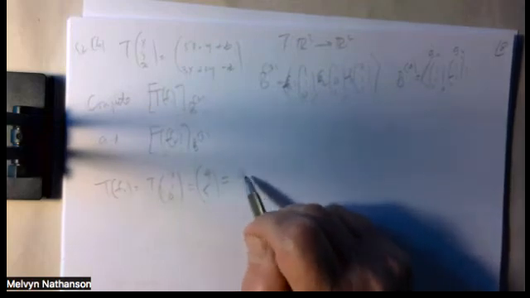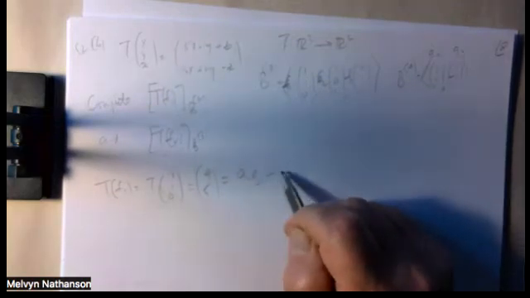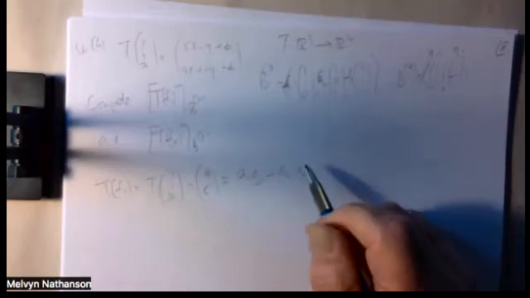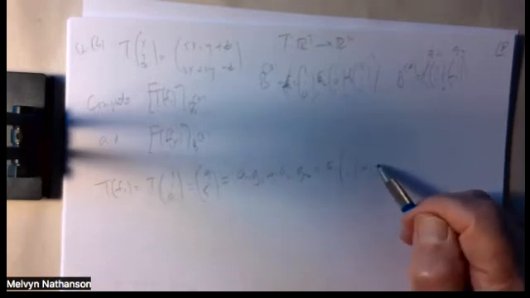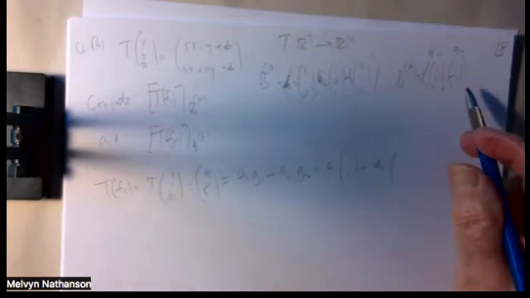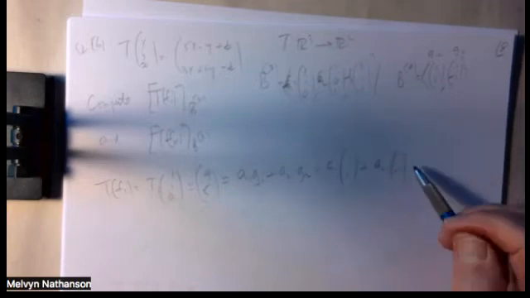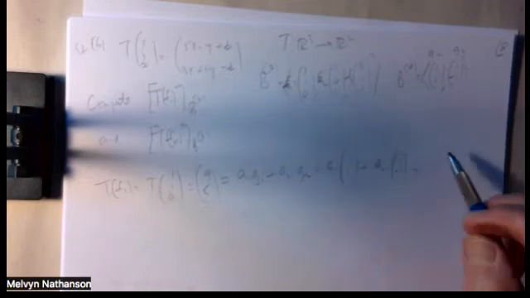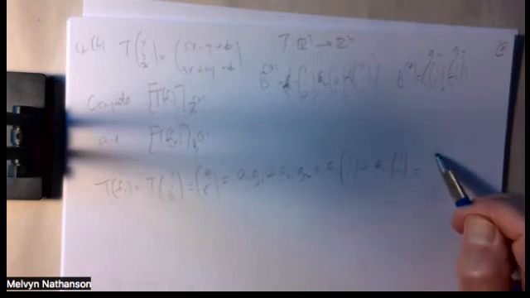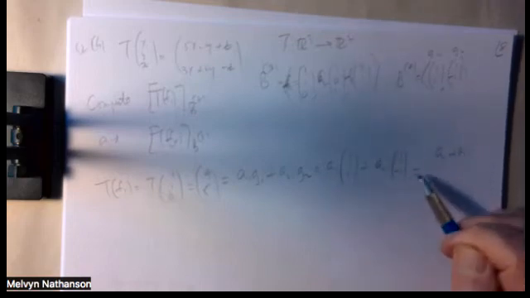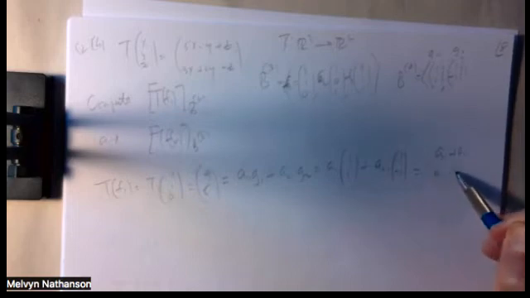I have to write this as some A11 G1 plus A21 G2. That means A11 times the vector 1, 1 plus A21 times the vector 1, minus 1, which is, if I do my arithmetic, A11 plus A21, A11 minus A21.